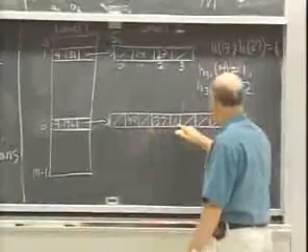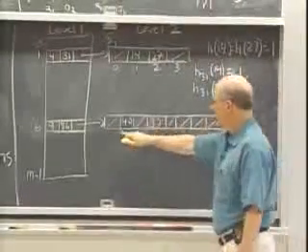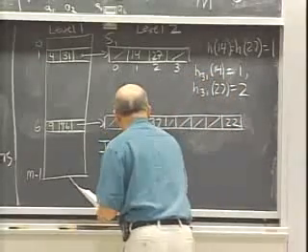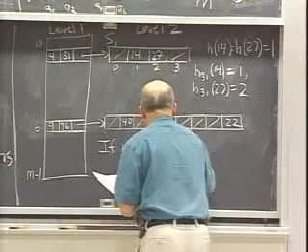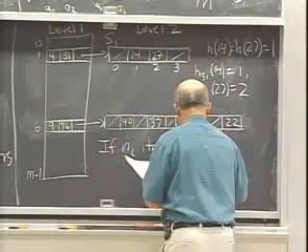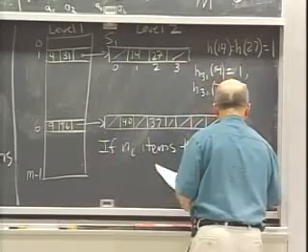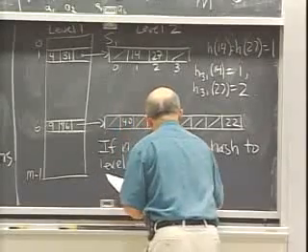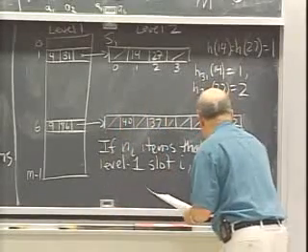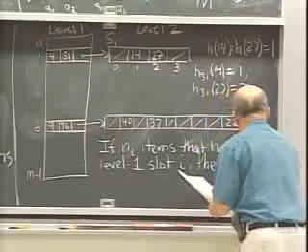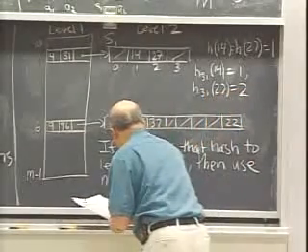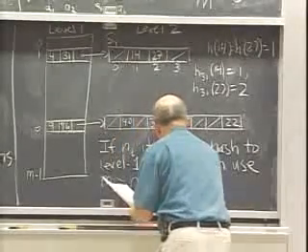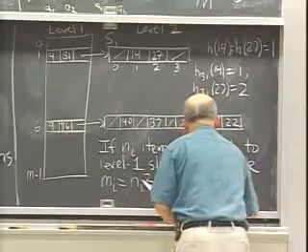So the reason we're going to have no collisions at this level is the following. If there are n sub i items that hash to a level 1 slot i, then we're going to use m sub i, which is equal to n sub i squared slots in the level 2 hash table.